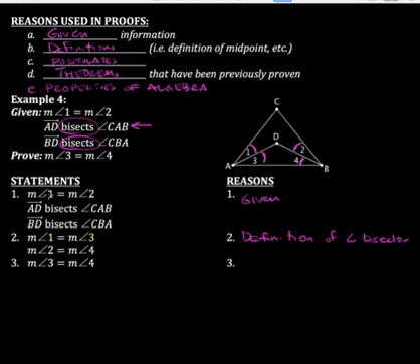So this angle 1 became this angle 3, and since angle 2 is equal to angle 4, this angle 2 became this angle 4. And so what did I do there? I substituted angle 3 for angle 1 and angle 4 for angle 2 in statement number 1. And so that would be the substitution property.